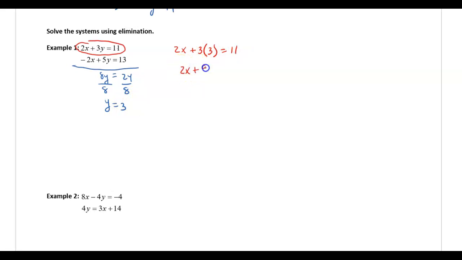So 2x plus 9 equals 11. Notice now, what variable can I solve for? X. I subtract 9. I get 2x equals 2. I divide both sides by 2, and x is equal to 1. Now, what's my ordered pair solution? 1, 3. Remember, it's always x and y.